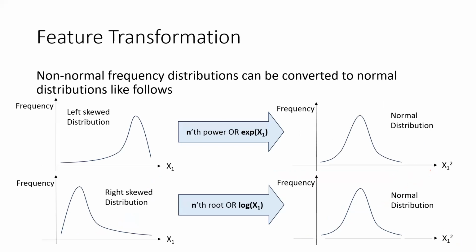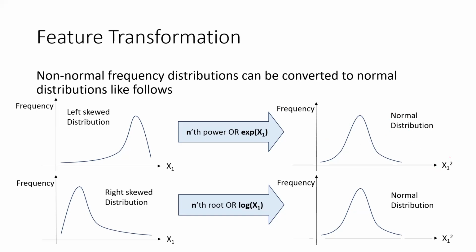And when it comes to certain machine learning algorithms, I think we haven't discussed much, right? In the future, especially when it comes to deep learning, there are many machine learning methods that expect normal distributions in their data sets, right?